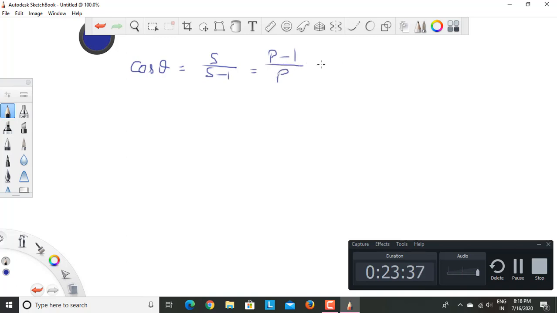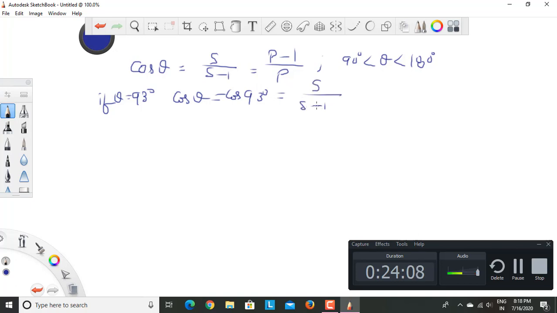Whereas theta is between 90 and 180 degrees. So if suppose the bond angle we are taking is 93 degree, if theta is equal to 93 degree, then you apply cos theta, which is cos 93 degree, and you solve s upon s minus 1.